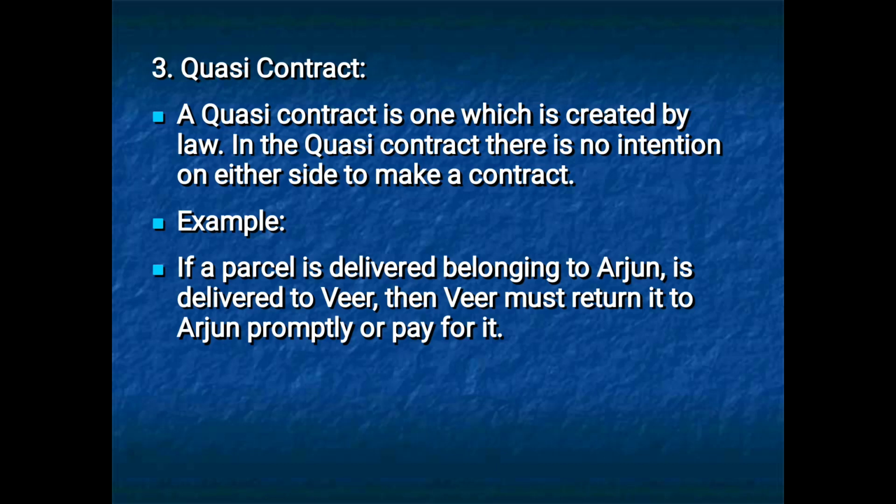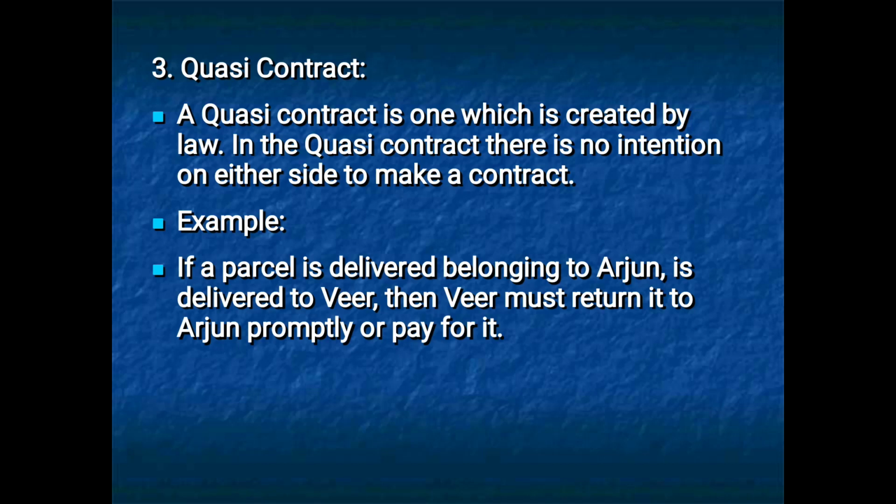For example, Mr. Arjun ordered a mobile phone in Flipkart, but by mistake the parcel was delivered to Mr. Veer. Now, Mr. Veer has to return the parcel to the Flipkart delivery boy.